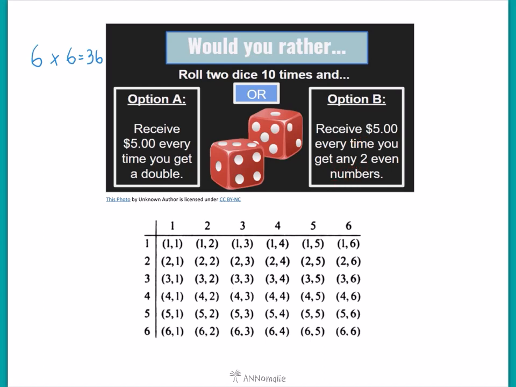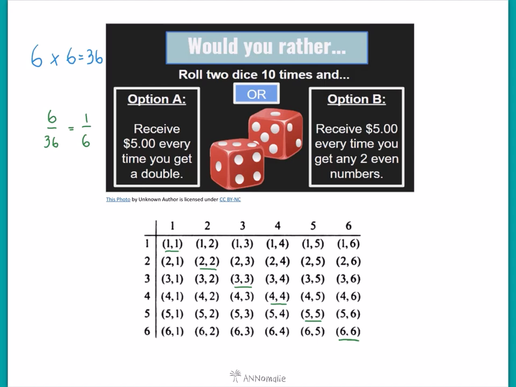So let's see, what's the probability of getting a double? A double is represented by this diagonal, and that is 6 of the 36 options, which represents 1 over 6. So the probability of receiving $5 is 1 out of 6.